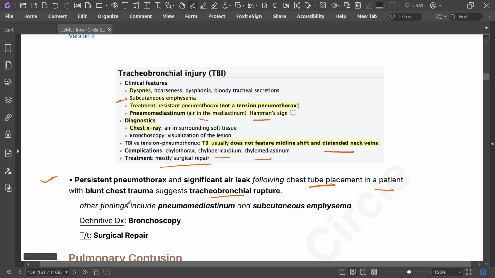Findings often include pneumomediastinum or subcutaneous emphysema. Definitive diagnosis is via bronchoscopy, and treatment is surgical repair.